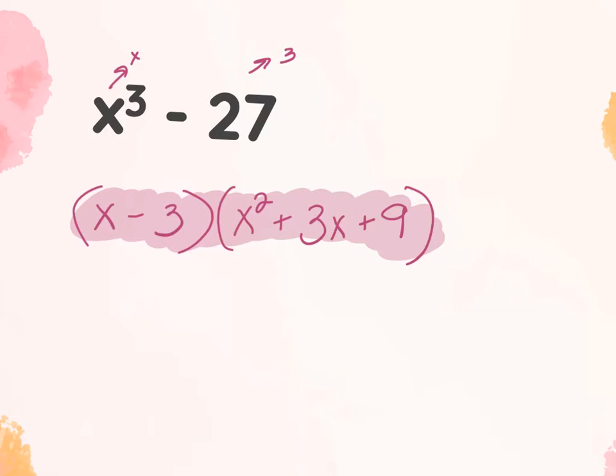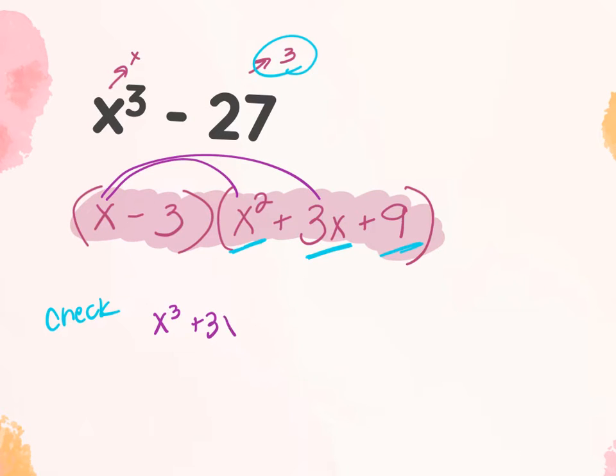Why is the last term 9? Because it's the last one squared. So here goes first one squared, here goes last one squared, here goes their product. Okay. And when in doubt, FOIL it and double check. If I FOIL this out, I should get back to my original question, right? So if I check this, first would be x to the third. Then here, 3x squared.